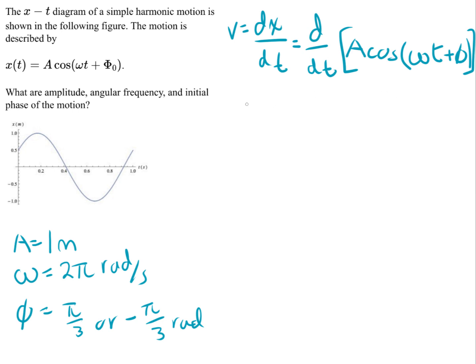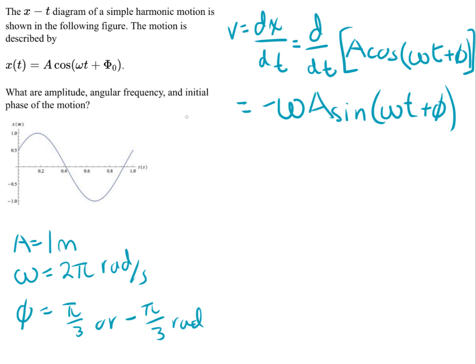Now if you use the chain rule, you should get that this derivative is equal to the negative of the angular frequency times the amplitude times the sine of the angular frequency times the time plus the phase constant.